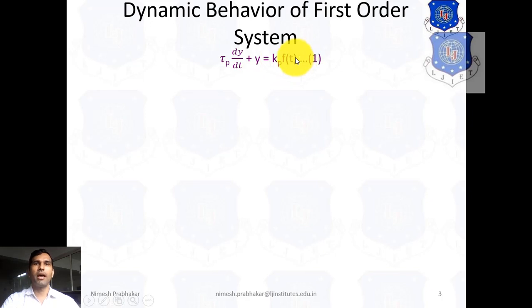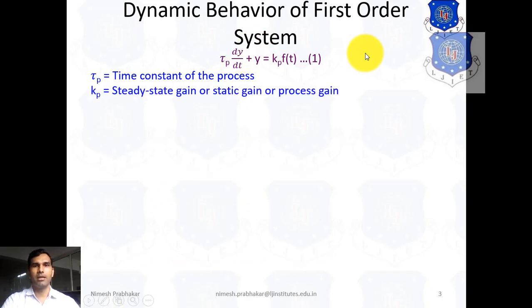Here f of t represents the input of the system, and y of t represents the output of the system. Tau p represents the time constant of the process, and Kp is known as the steady state gain or the static gain of the process.